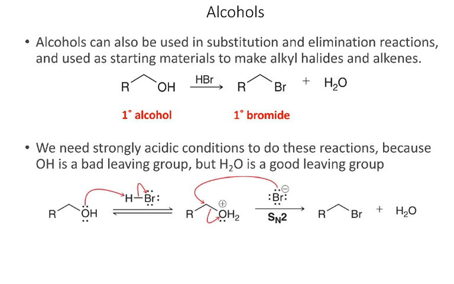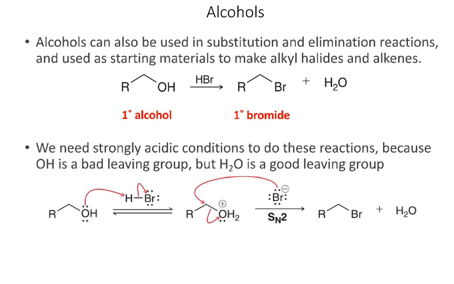Another class of compounds that can be involved in substitution and elimination reactions are alcohols. That being said, OH minus is a terrible leaving group, right? OH minus is a strong base, so it doesn't make a good leaving group. So in order to get these substitution and elimination reactions, we need strongly acidic conditions.